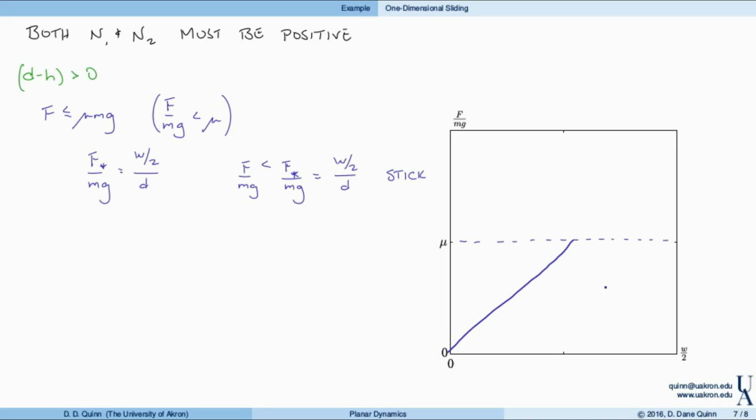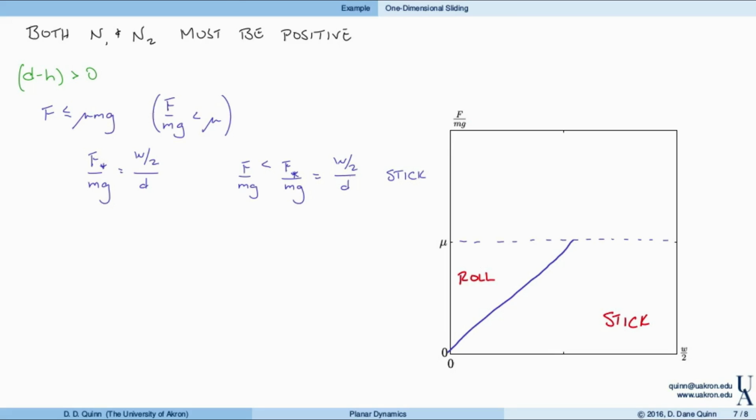So in this region here, we have stick, while in this region, we have roll. If w over 2 is large enough, which means the block is very wide, then the block is expected to stick. However, if w over 2 is small enough and the force is large enough, we expect the block to roll. Now, if the force becomes too large, the block slips.